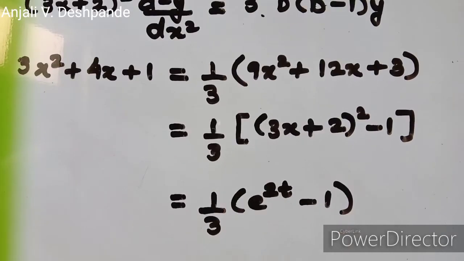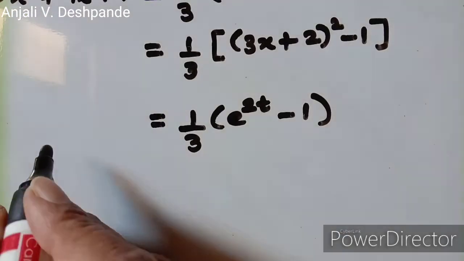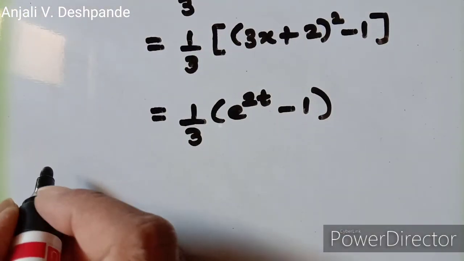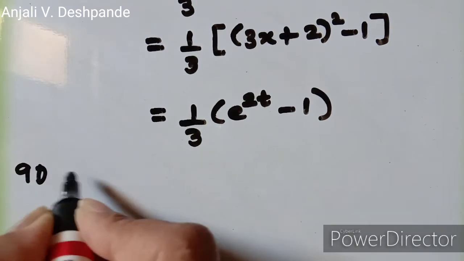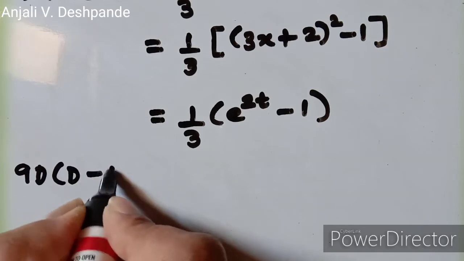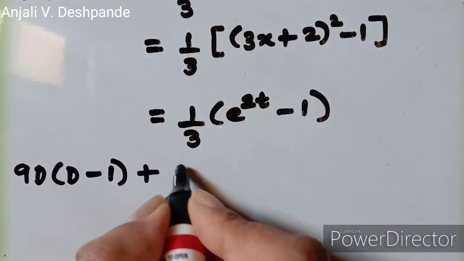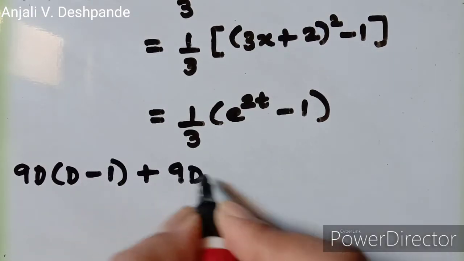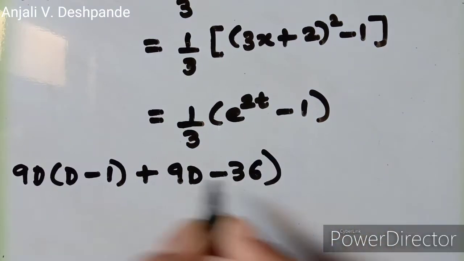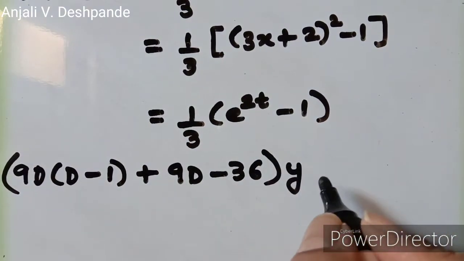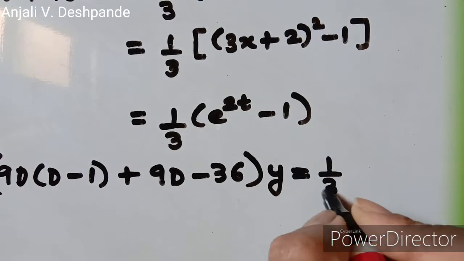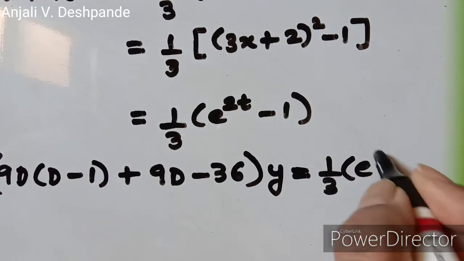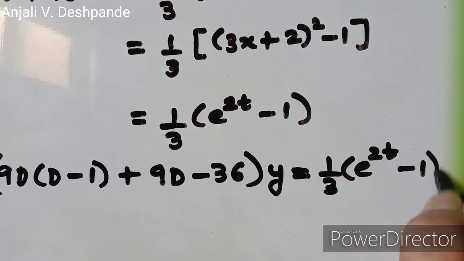Therefore now the entire sum which was given to us can be rewritten in this form: (9D into (D minus 1) plus 9D minus 36) y is equal to 1 by 3 (e raised to 2t minus 1).